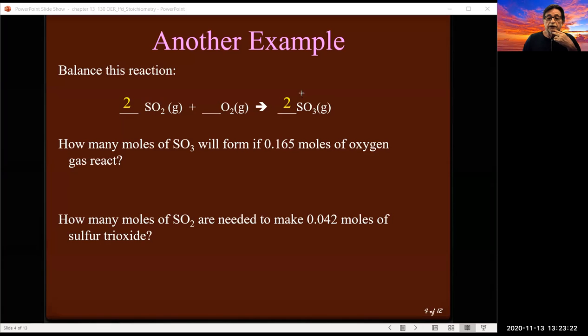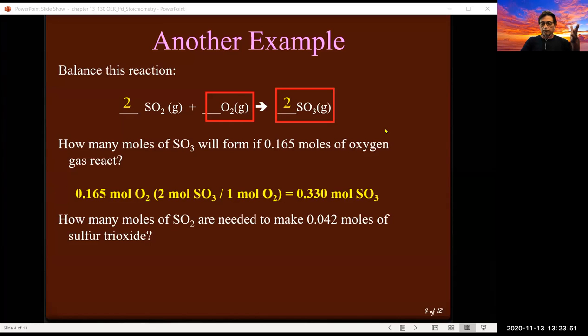And so we're looking at the relationship simply of sulfur trioxide and oxygen. That's it. Don't care about sulfur dioxide, just what I just highlighted there based on the question being asked. Okay? It's assumed that you have a sufficient amount of SO2, sulfur dioxide, for this reaction to proceed with the problem that you're given. Okay?